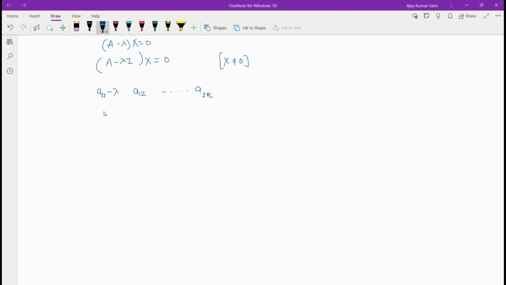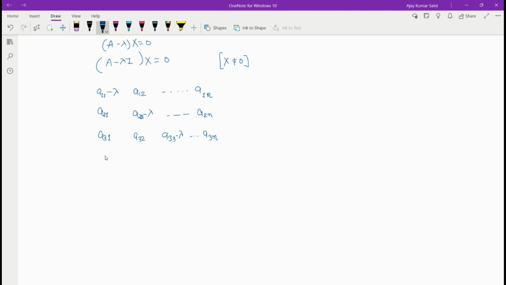Okay, after that a21, a22 minus lambda till a2n. Okay, after that a31, a32 and a33 minus lambda till a3n.